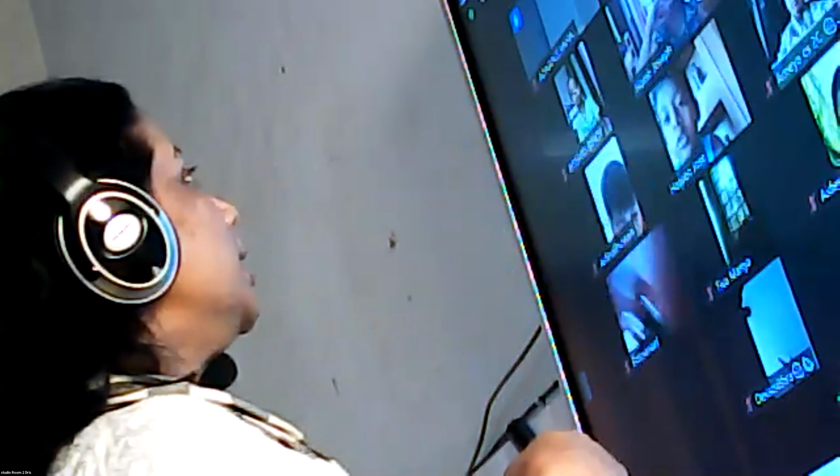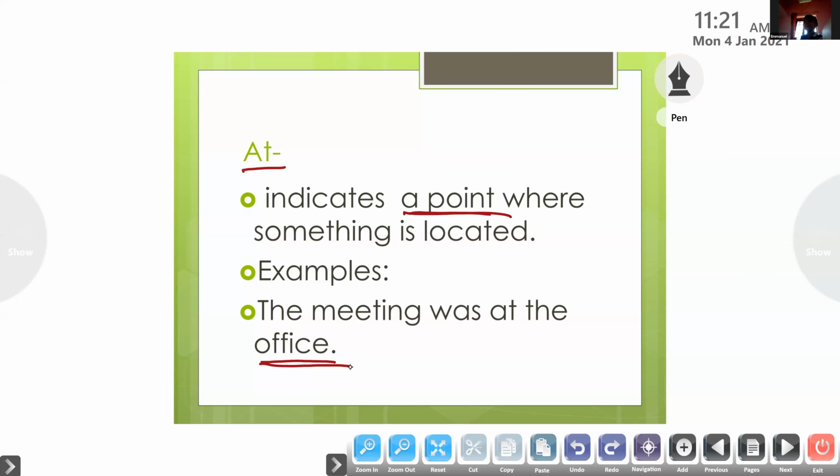Is that clear? Yes. I'm at the meeting. At the office? Yes. You can say I'm at the library. Library tells you about the specific point where you are. Or you can say I work at a bank.